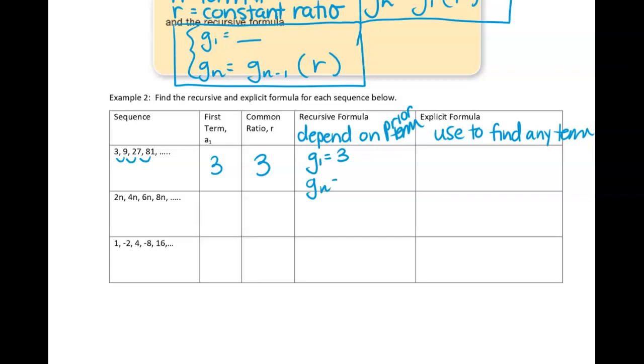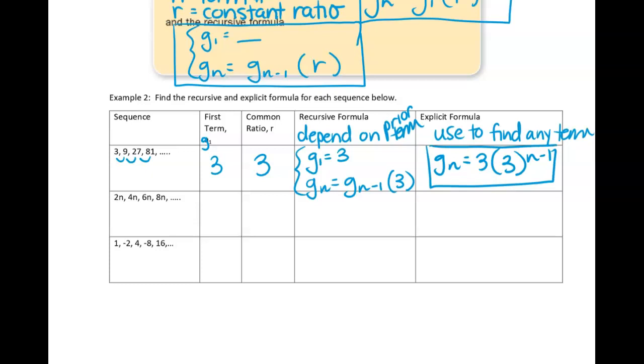Then G sub n is the prior term, G sub n minus 1, times 3. Explicit formula: G sub n equals our first term, 3, times our R, which is 3, to the power of n minus 1.